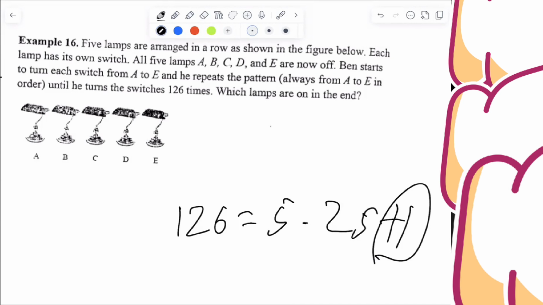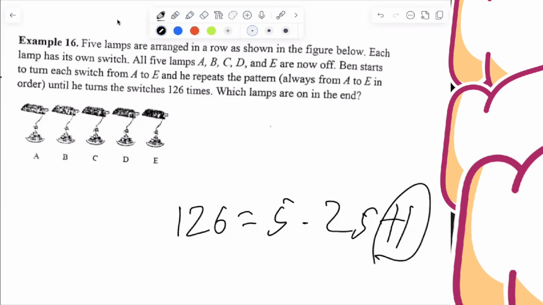If 25 times 5, you get 125. I think the last one will be turned on, like all of them will be turned on in the end. So I think E will be the last one to be on.